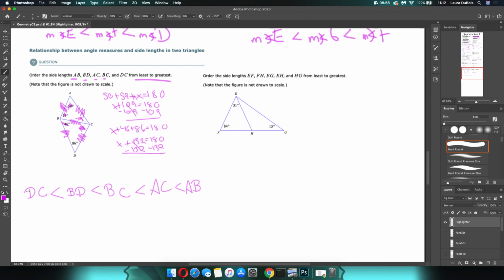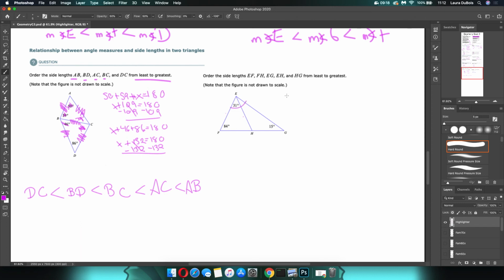Okay, so next up we have EF, FH, EG, EH, and HG. Okay, we got to find our angles again. So let's see here. Let's do that smaller angle.